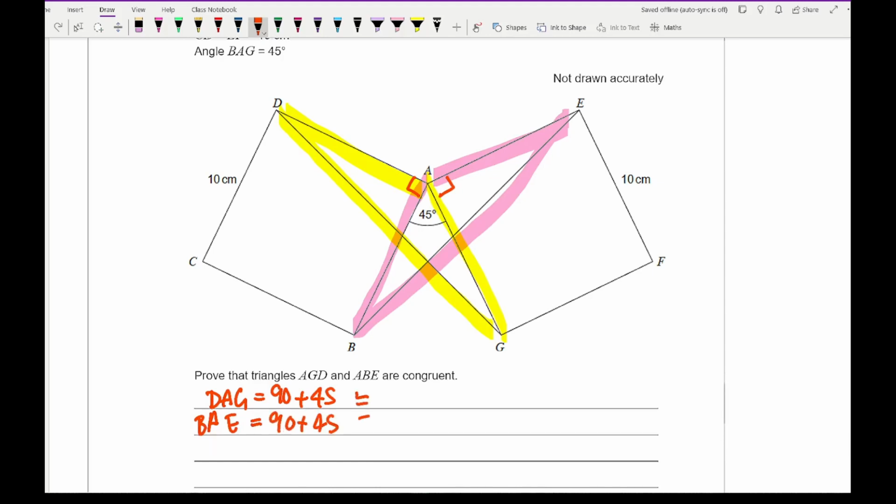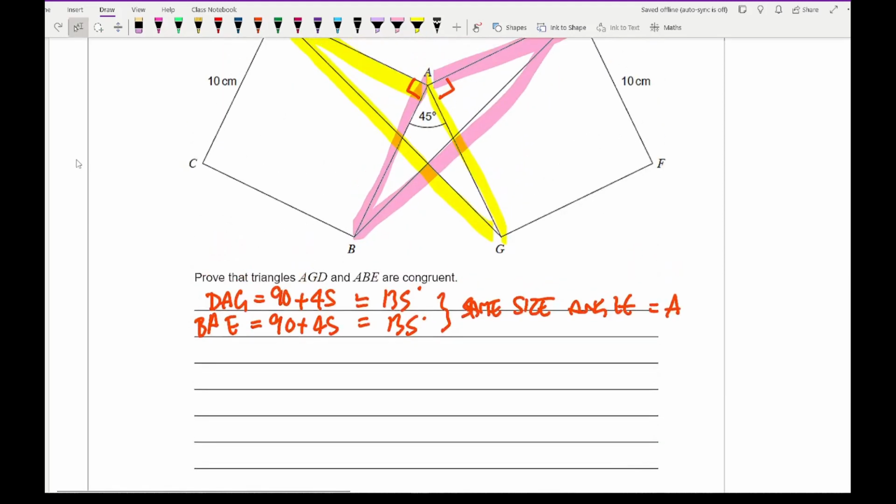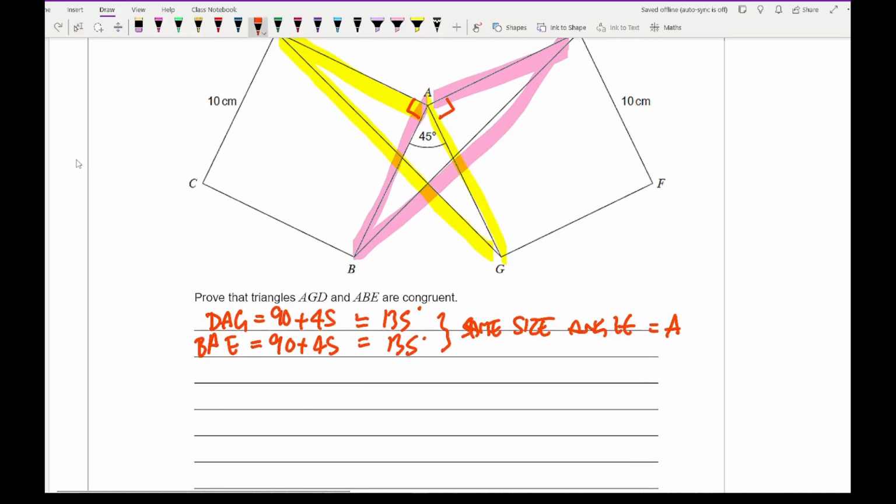So here they're both equal to 135. So what I've then said is this is a common angle, so same size angle. That's one done.